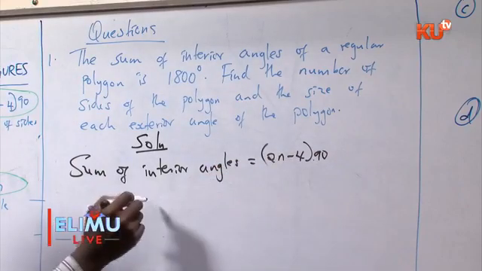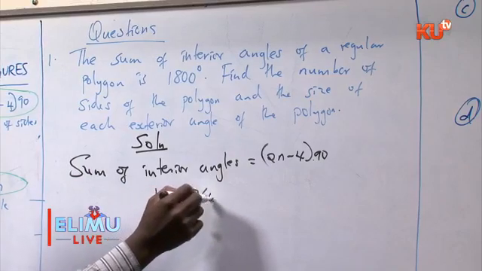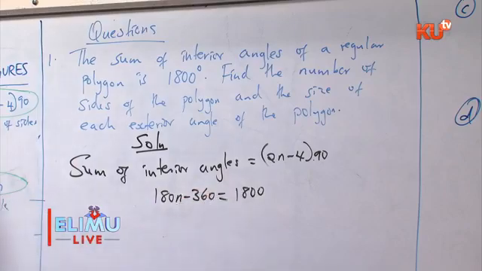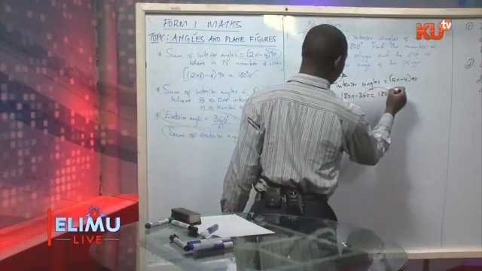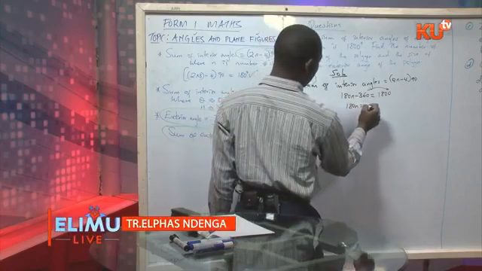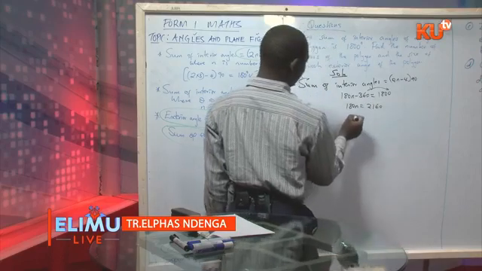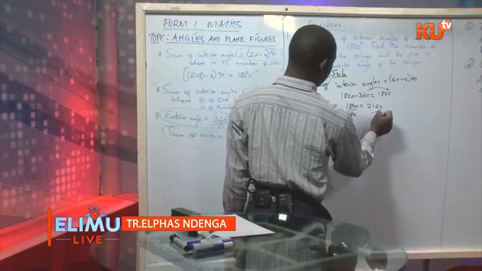So you simply substitute and expand that to have 180n − 360 equal to 1800. So you collect the like terms. This to the right side we have plus. So 180n is equal to 2160. Divide this by 180, divide this by 180.